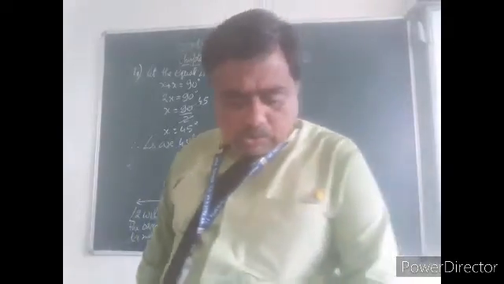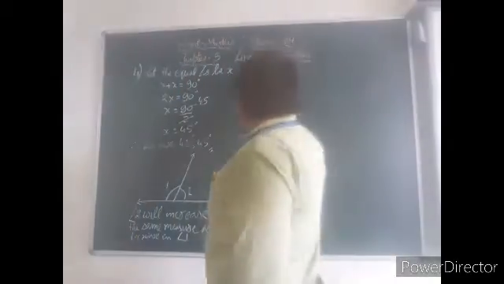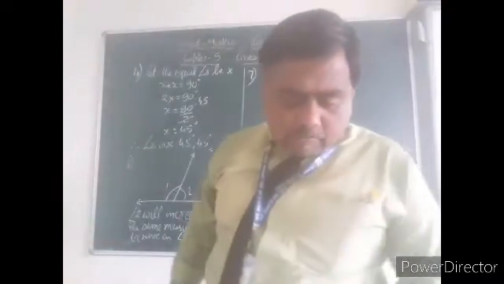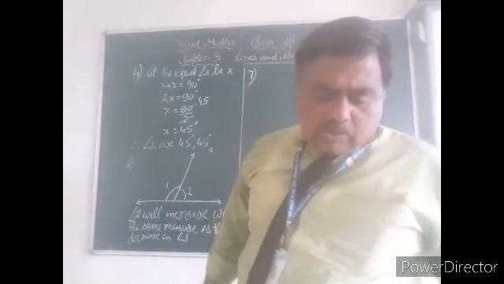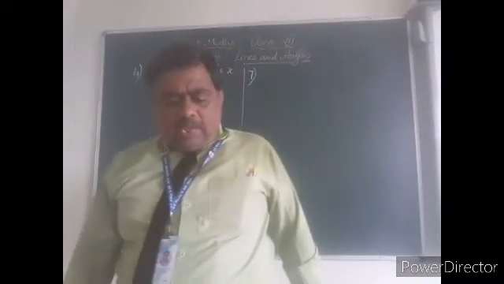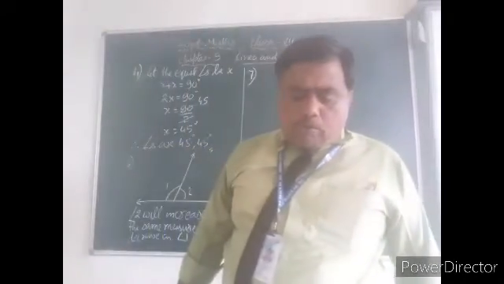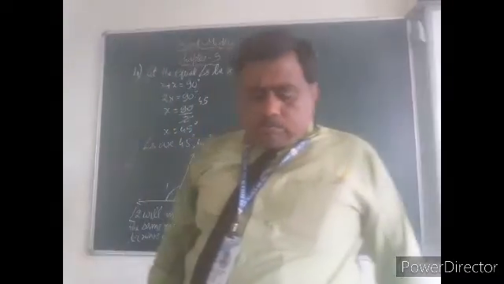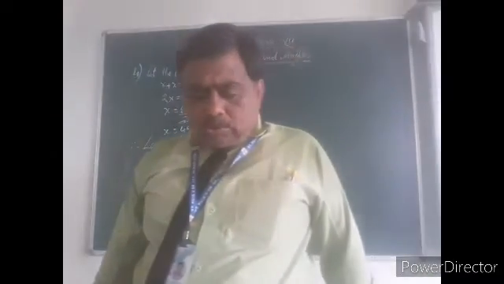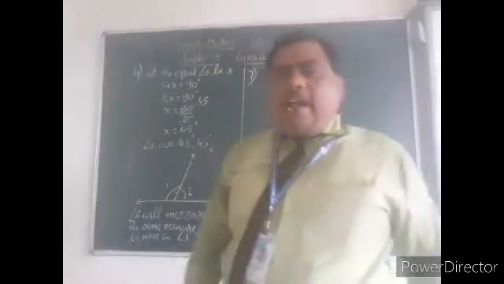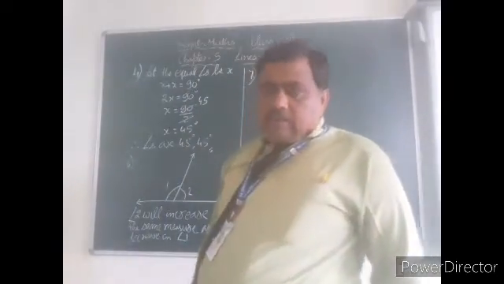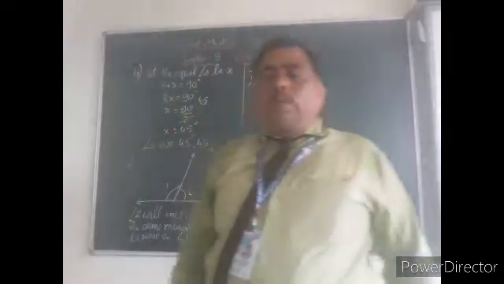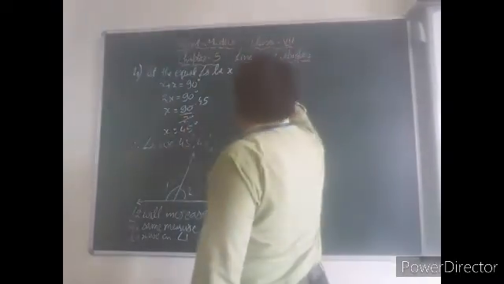Now, question number 7. Can two angles be supplementary if both of them are acute? If both the angles are acute, then the sum of the two angles will not be 180.